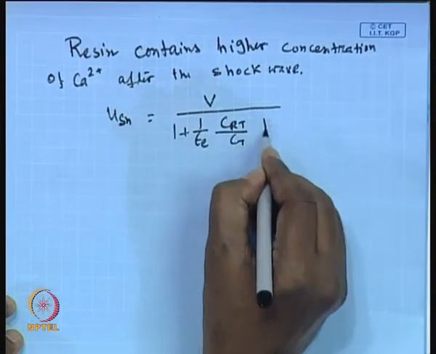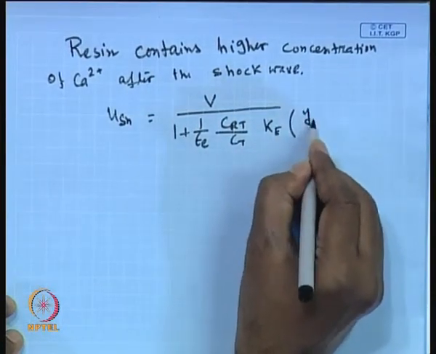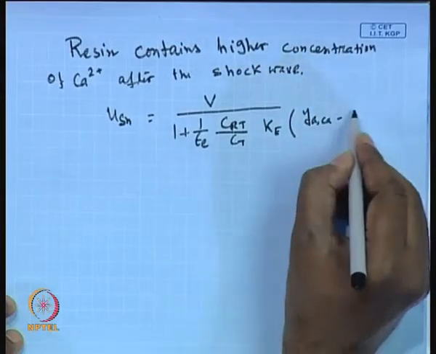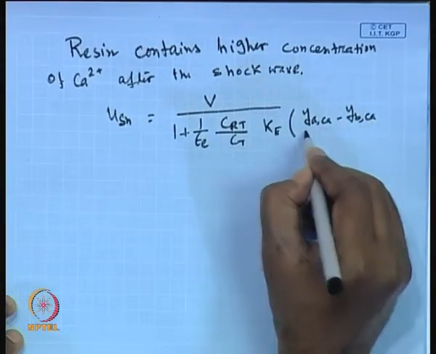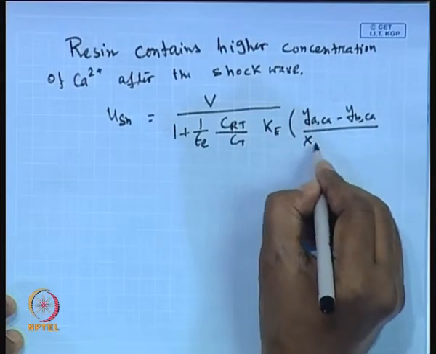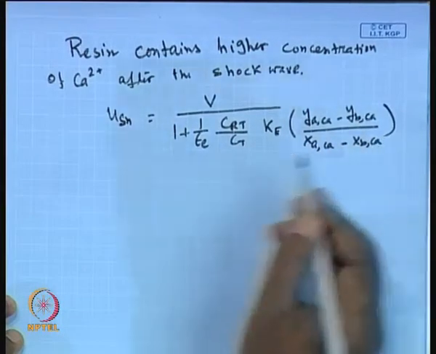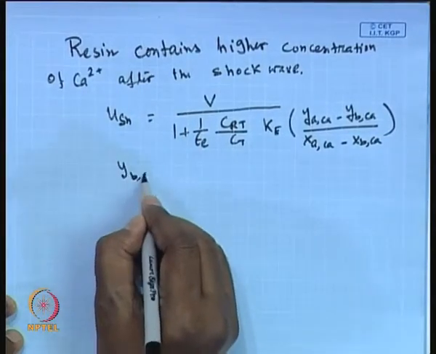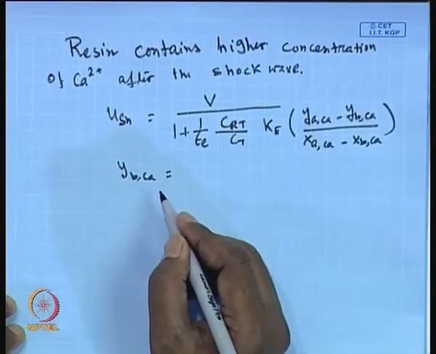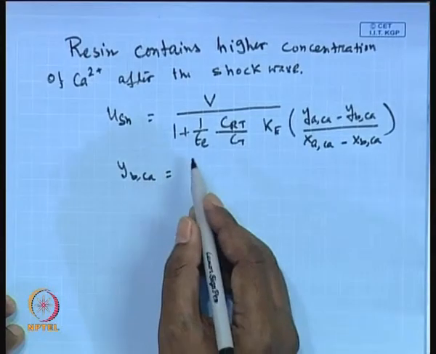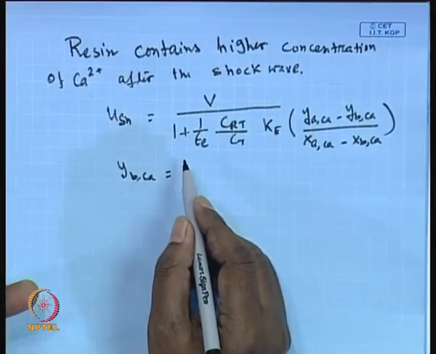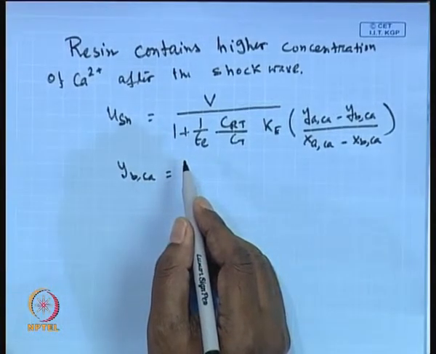divided by Ct Ke, times Ya Ca minus Yb Ca divided by Xa Ca minus Xb Ca. Now, Yb Ca is before the shock wave the concentration of calcium in the resin phase, there was nothing, right. Before the shock wave the resin did not contain any calcium.